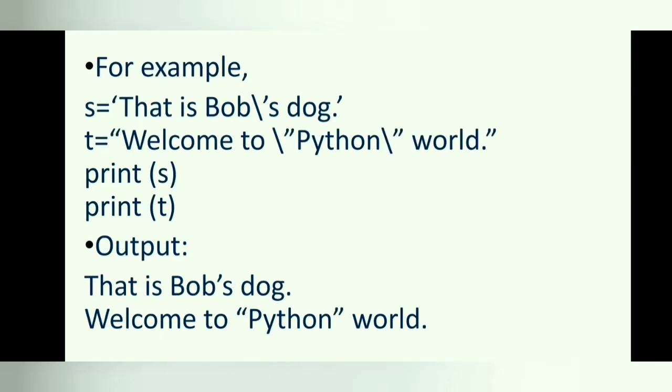For example, 'That is Bob\'s dog' is assigned to S using single quotes. "Welcome to \"Python\" world" is assigned to T using double quotes. Print S, print T. Output will be that is Bob's dog, welcome to "Python" world.